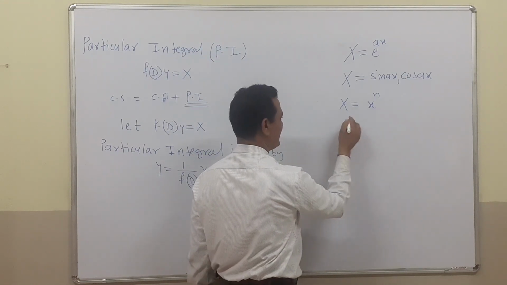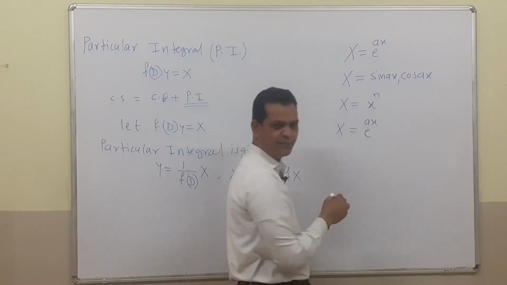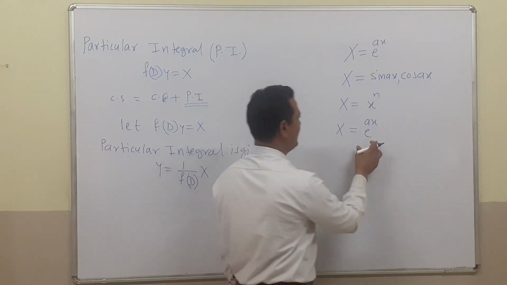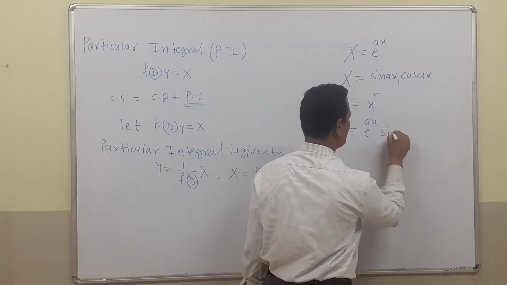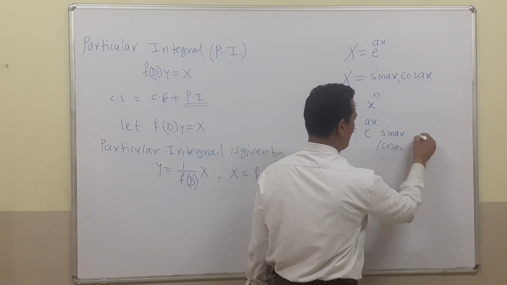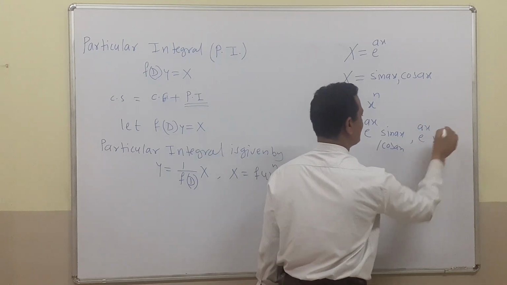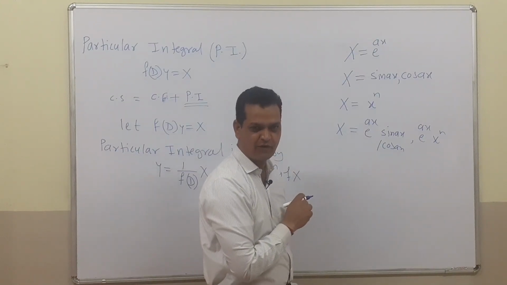Then X may be a combination of exponential function into sine ax or cos ax, or an exponential function with an algebraic function. So these are the possibilities for X.